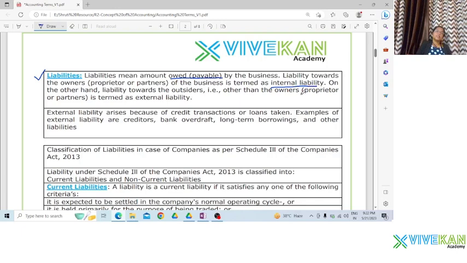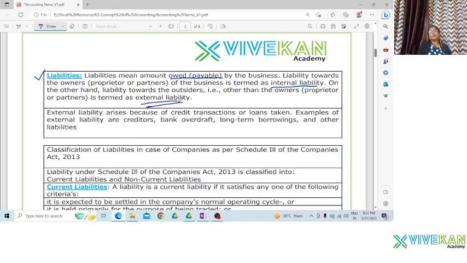Suppose you have purchased some goods from outside and you have not paid. In that case, you have to pay that amount to an external person, which is known as a creditor, which we'll understand in detail, and it is called trade payable, an external liability.